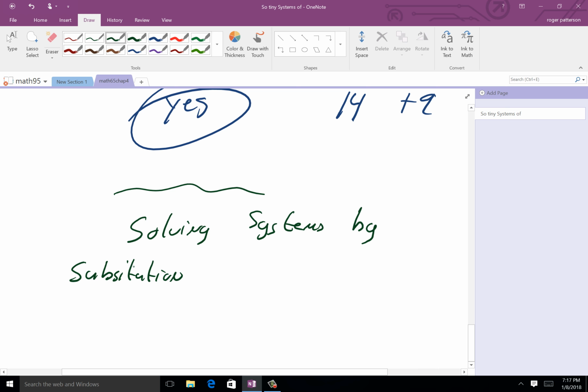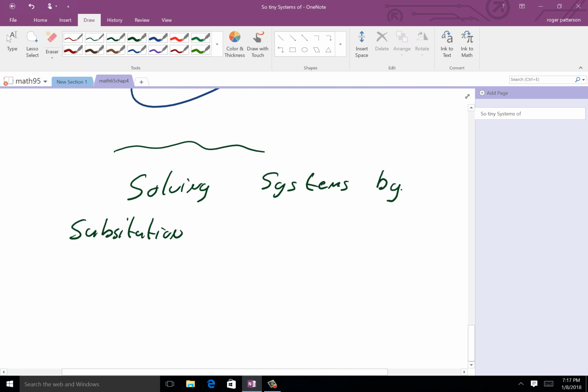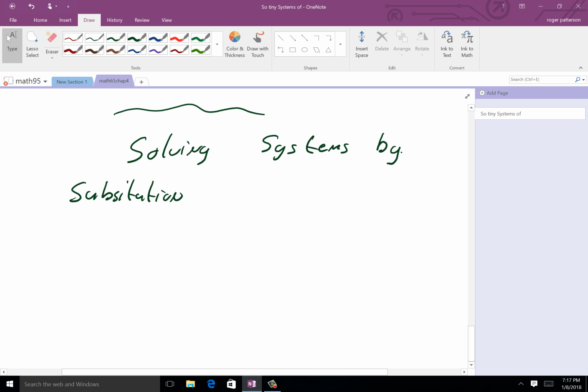But if you take more mathematics and solve different types of systems, then substitution is actually better. For linear systems, probably not so much, but for other types, it's sometimes better. So let's talk a little bit about how substitution works.